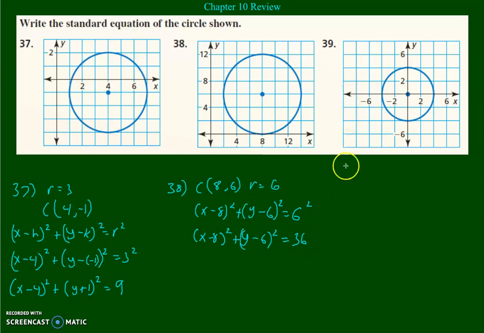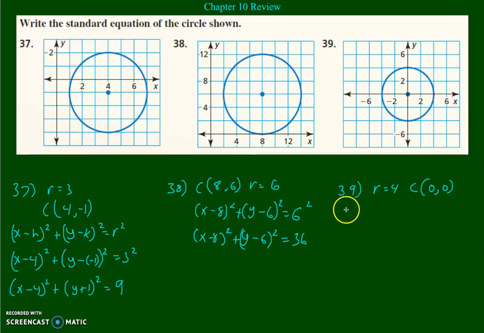And for 39, our center is at 0, 0. And it looks like our radius is 2, 4. So we have a radius of 4, and the center is 0, 0.